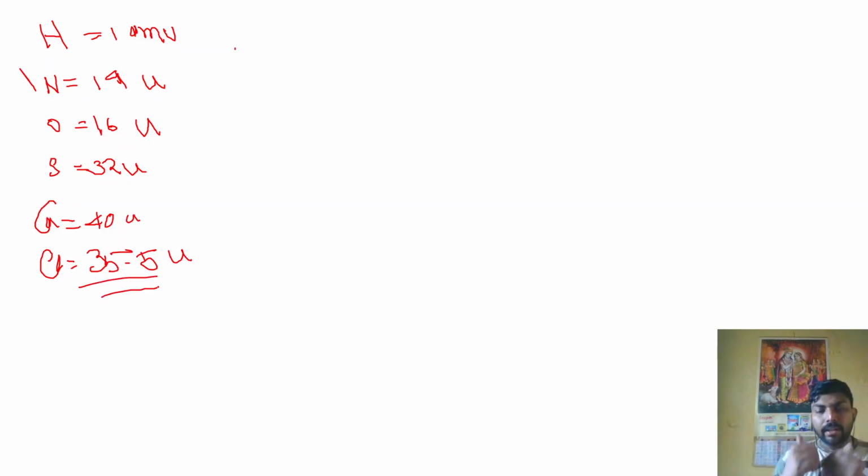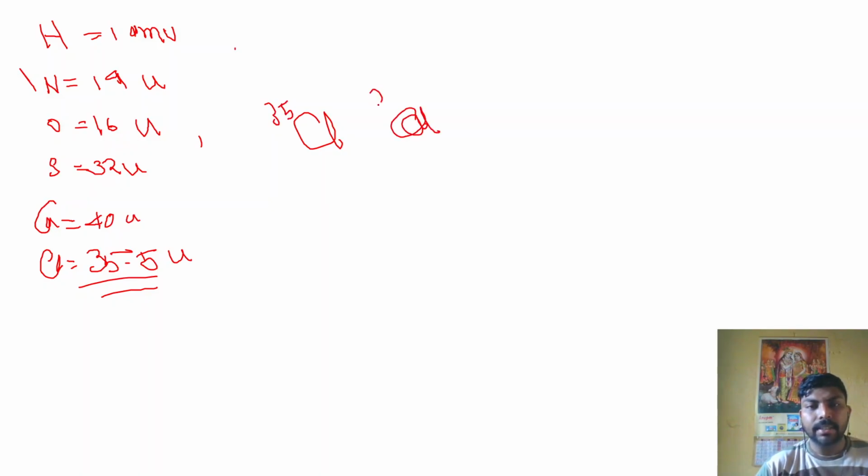Because in nature chlorine is present as different isotopes, and every isotope is not equally distributed. Chlorine has two isotopes, chlorine 35 and chlorine 37. Their percentage is about 99% for chlorine 35 and the rest, a small fraction, for chlorine 37. I do not know the exact value right now.